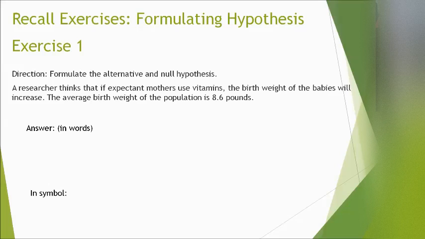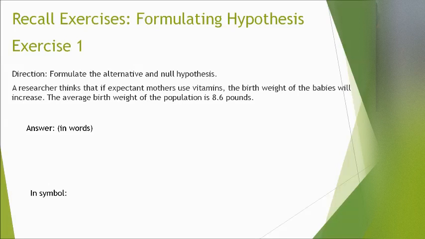A researcher thinks that if expectant mothers use vitamins, the birth weight of the babies will increase. The average birth weight of the population is 8.6. Please note that you should know how to write the hypothesis in words and in symbols.